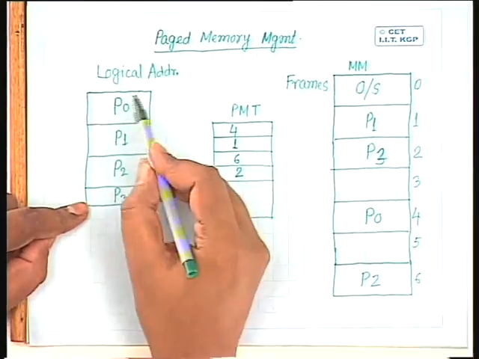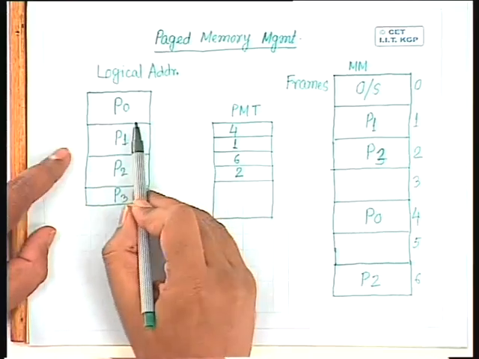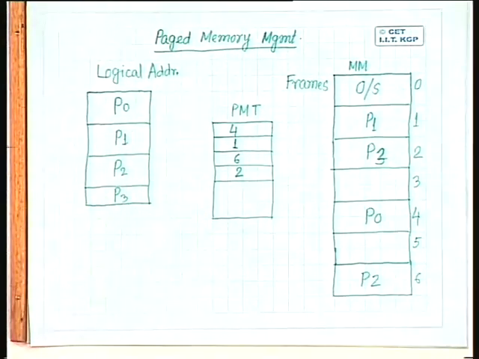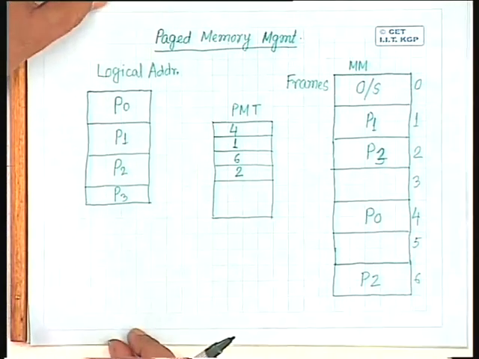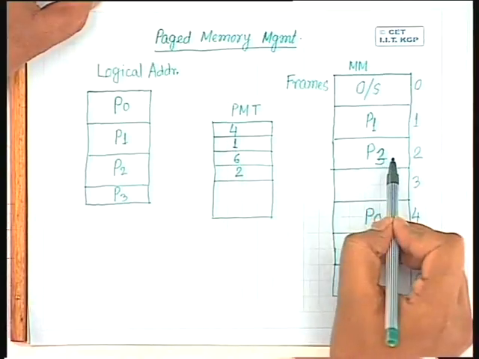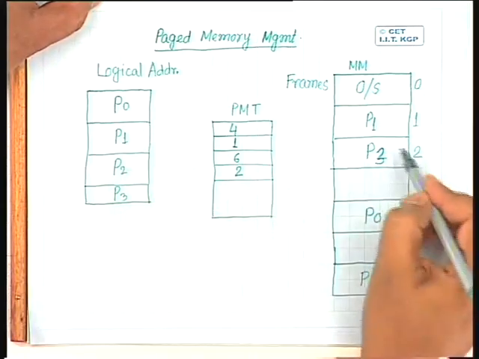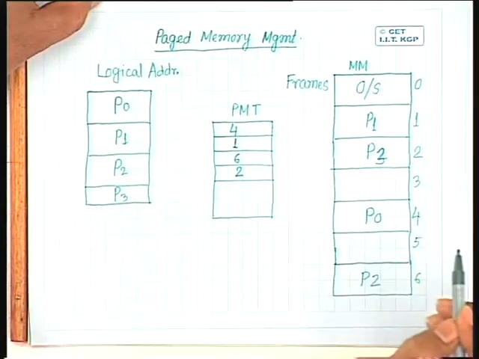Whenever the CPU generates a logical address, the logical address has to be converted into a 2-component address. The first component is the page number, and the second component is the offset within that particular page. Using the page number, you come to the page map table. From the page map table, you come to the corresponding frame number, and you find that the offset within the page is the same as the offset within the frame.